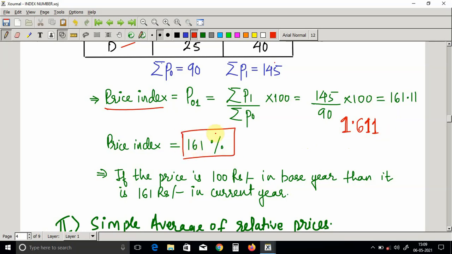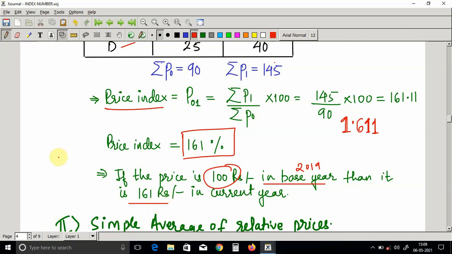161% increase. And how to interpret this? If the price of the commodity in the base year 2019 is rupees 100, then I need to pay 161 rupees in the current year.